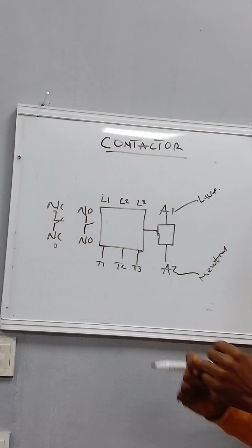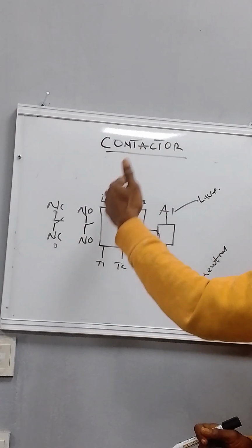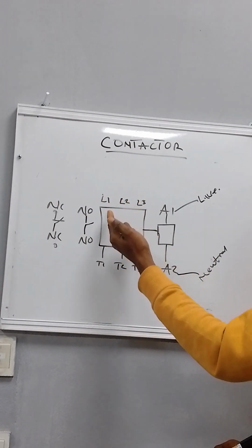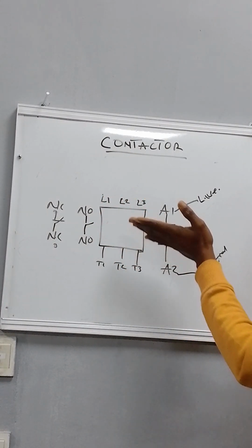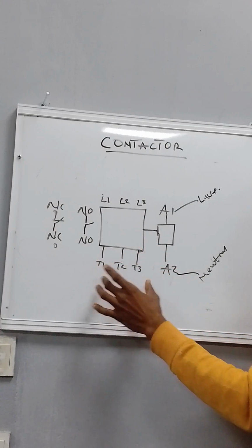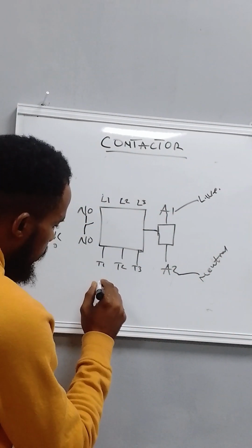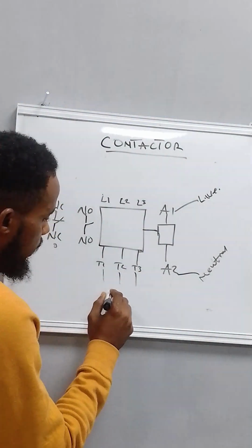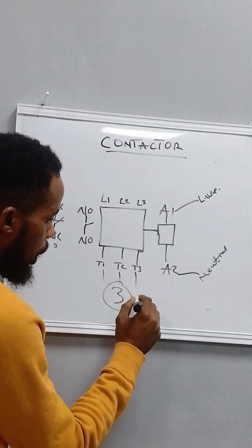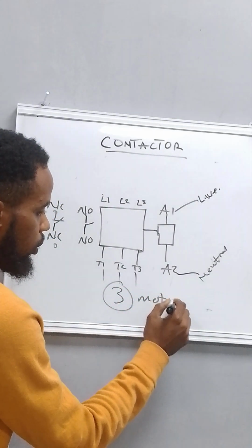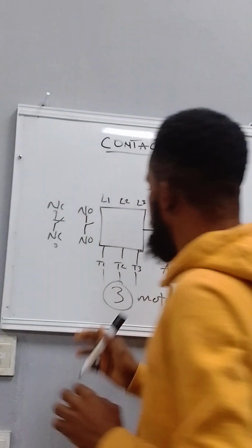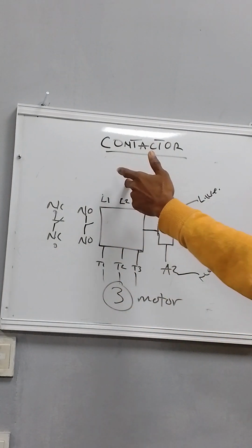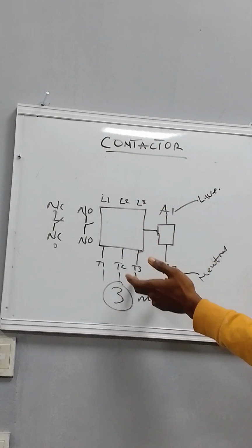Once it is energized, it will give passage for power to flow from L1, L2, L3 down to the load side, going to our 3-phase motor. So this is the source and this is the load.